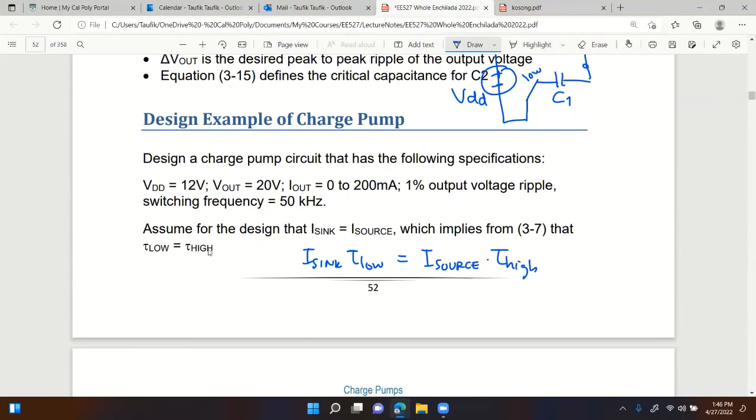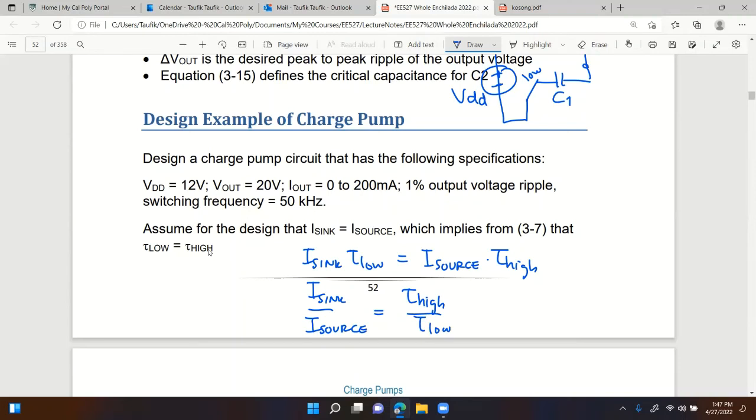Therefore, I sink over I source is equal to tau high over tau low, yes?